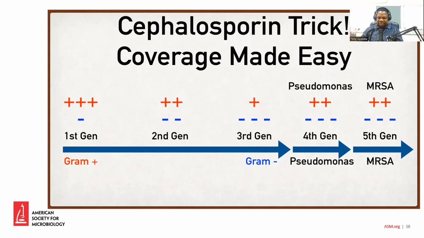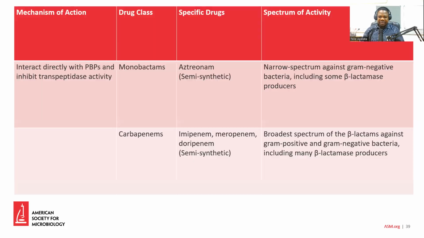So it can be used to treat gram-negative infections, including Pseudomonas aeruginosa. And the fifth generation has a very good gram-positive cover, including cover against methicillin-resistant Staphylococcus aureus, and it also maintains the gram-negative cover like the one we observe with the fourth generation cephalosporin.